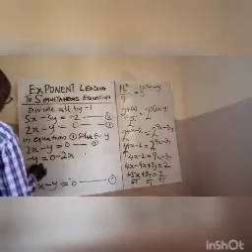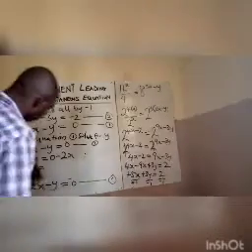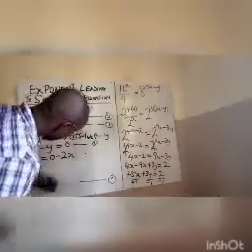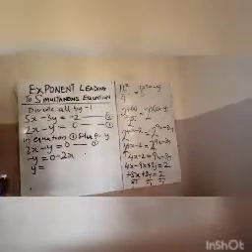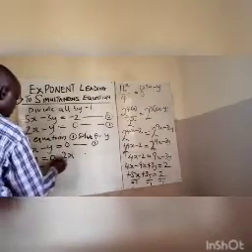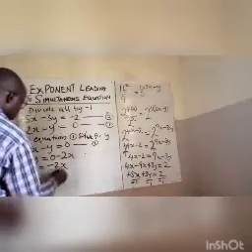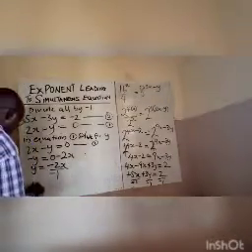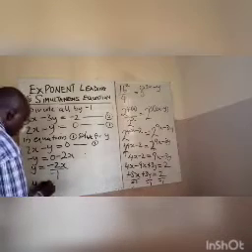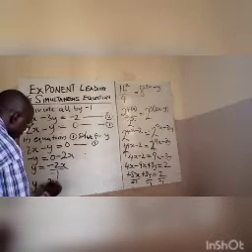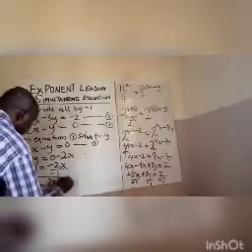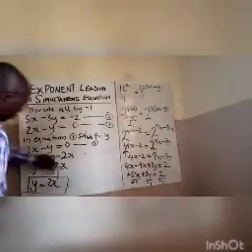Y will be equal to minus 2s over minus 1. So y will be equal to 2s. It has been established that y represents 2s.